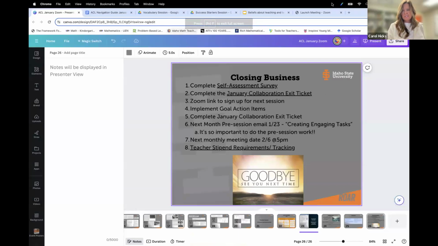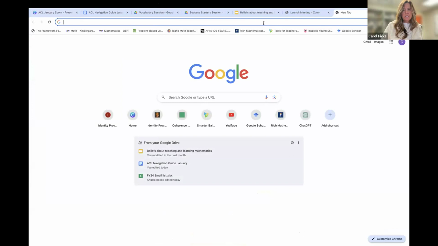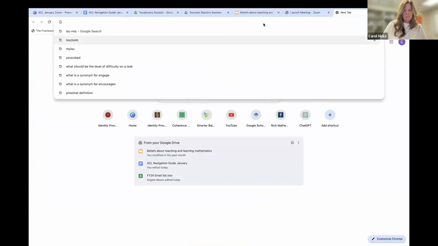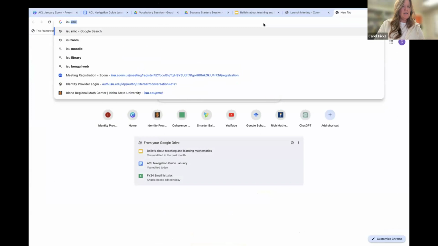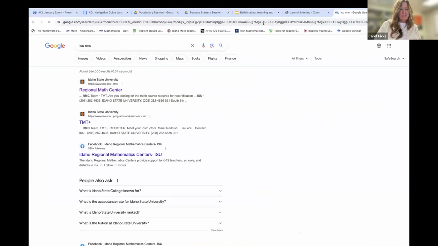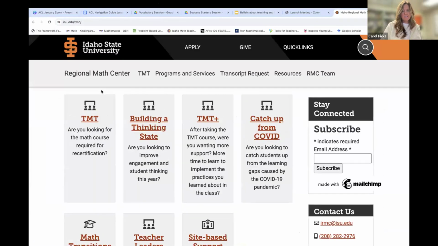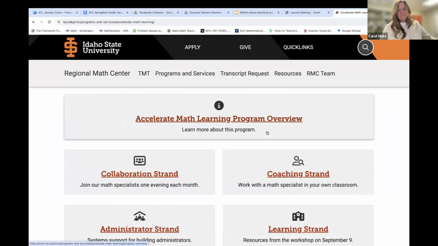I just got to move my stuff a little bit. Can you guys all see my screen? I'm still on the right screen, right? If you type in ISU RMC, it'll bring you to the Regional Math Center for Idaho State. And we are catching up from COVID.